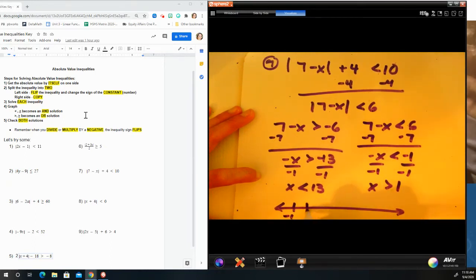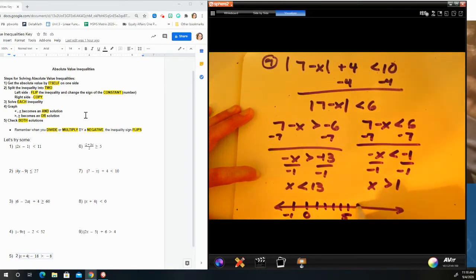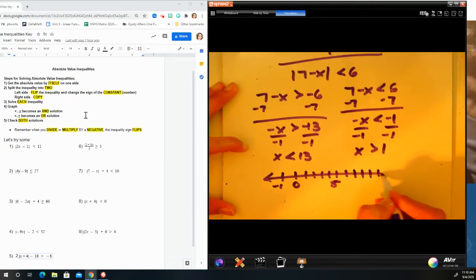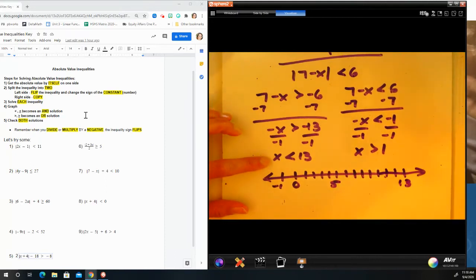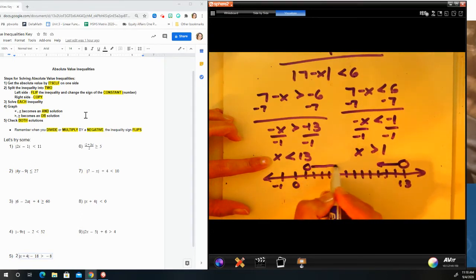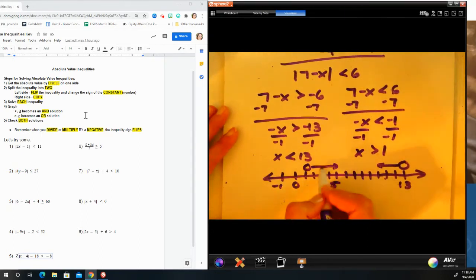So I have negative 1, 0, 1, 2, 3, 4, 5, 6, 7, 8, 9, 10, 11, 12, 13. Okay, so less than 13, open circle to the left, greater than 1, open circle to the right. You see how this solution is going to overlap?